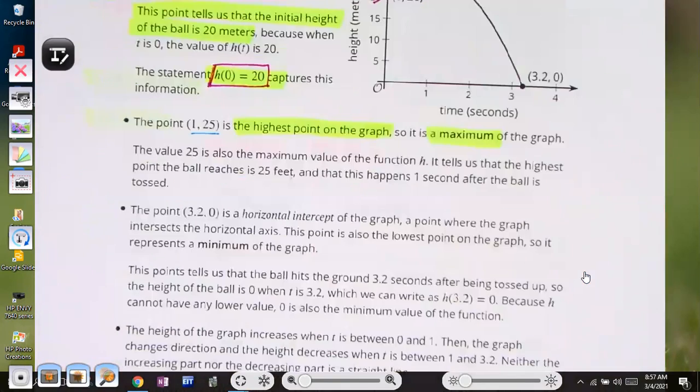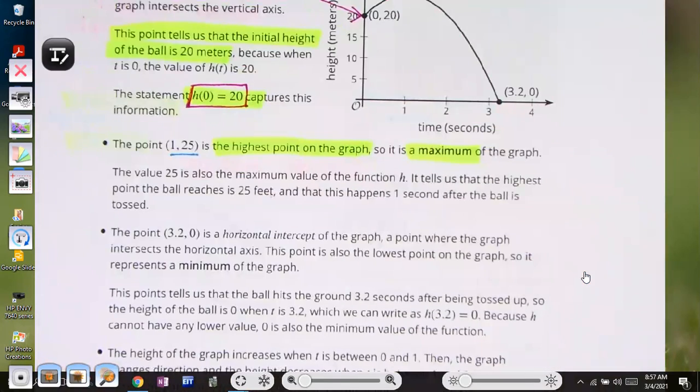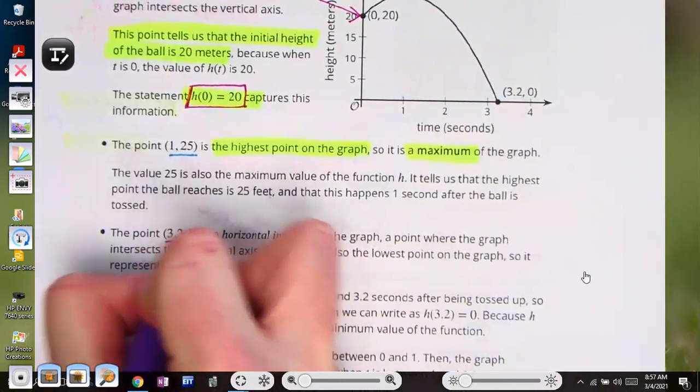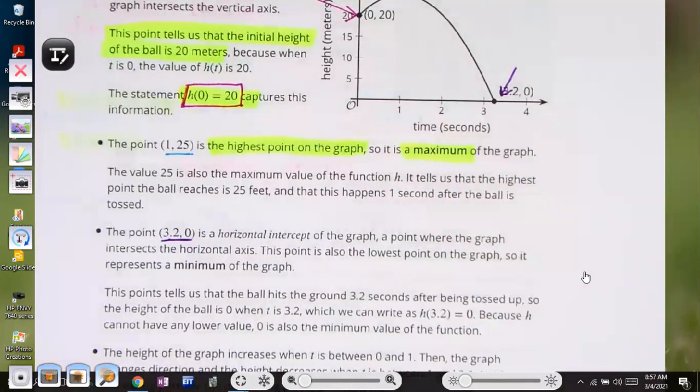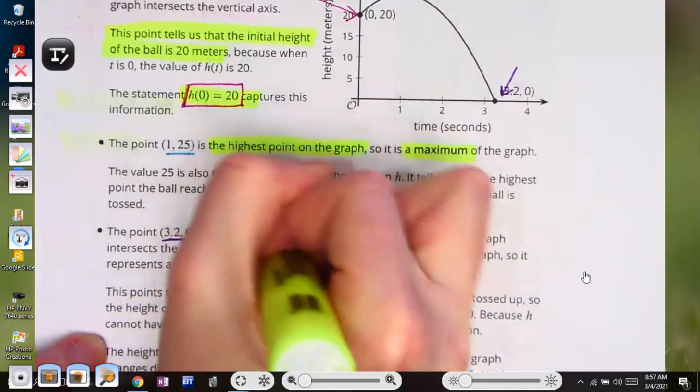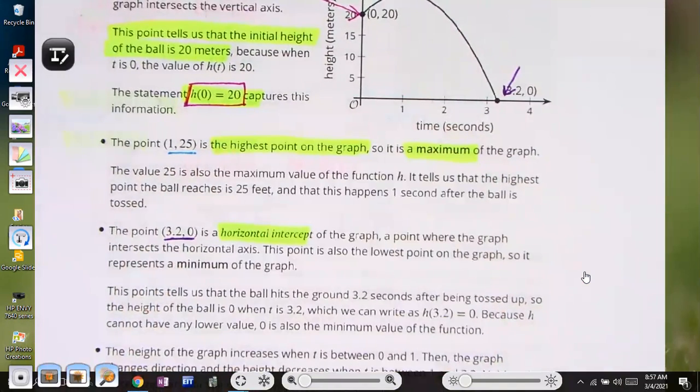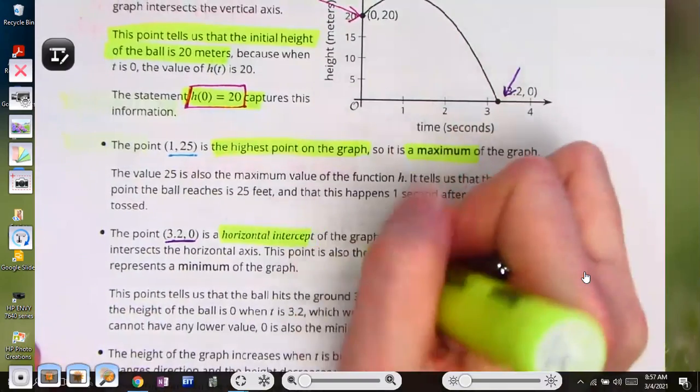And then it says we have the point 3, 0. All right, that's down here. What's that point called? The horizontal intercept, aka the x-intercept, a point where the graph intersects the x-axis. The point is also the lowest point on the graph, so it represents the minimum.